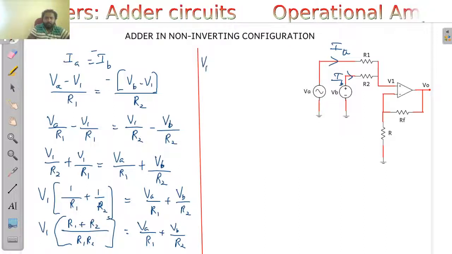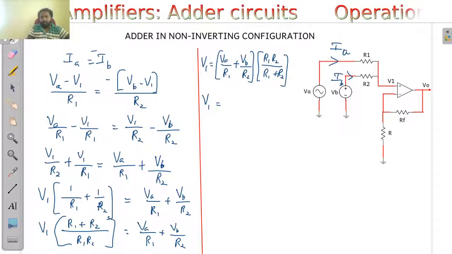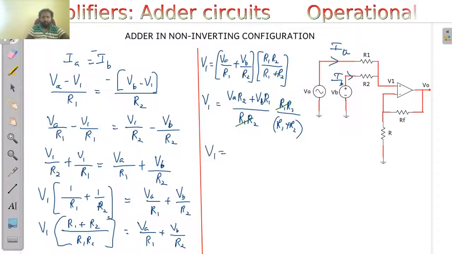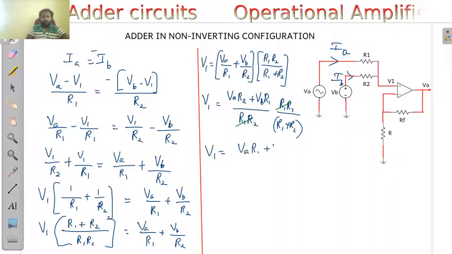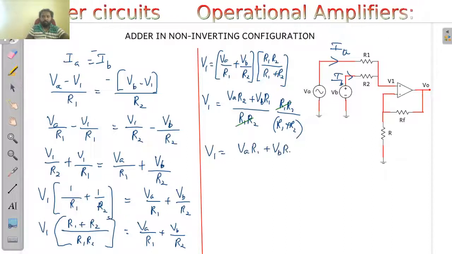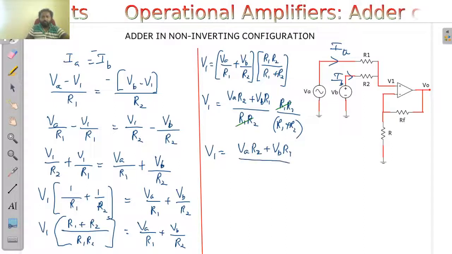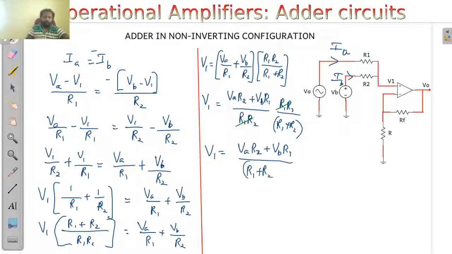So V1 will be equal to, like this, and we get V1 is equal to VA R2 plus VB R1 divided by R1 plus R2.